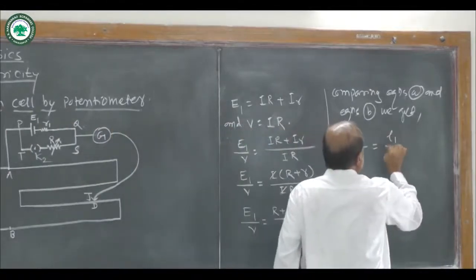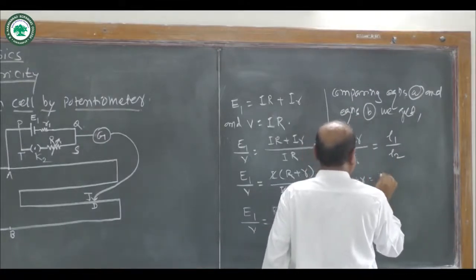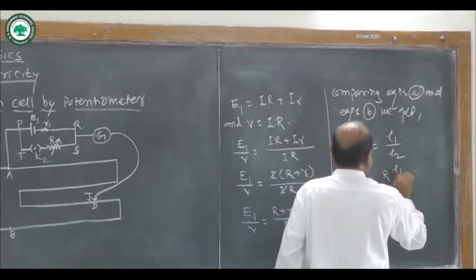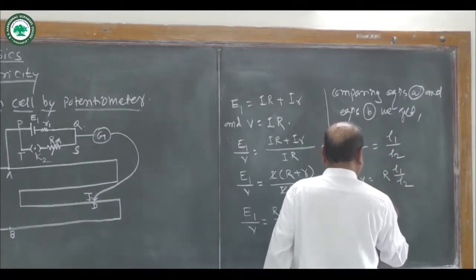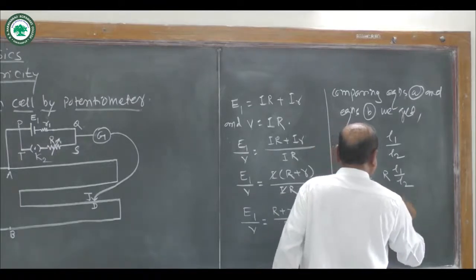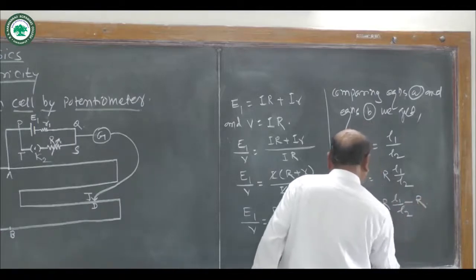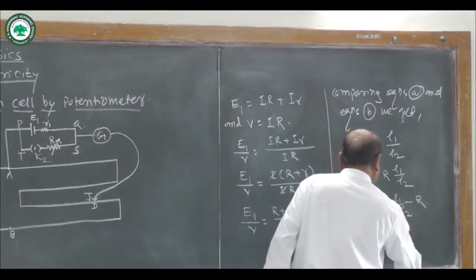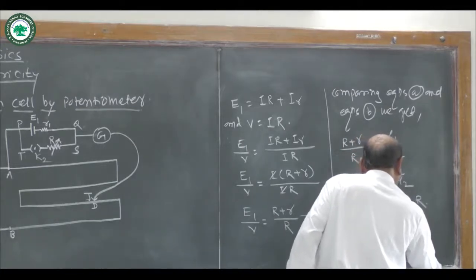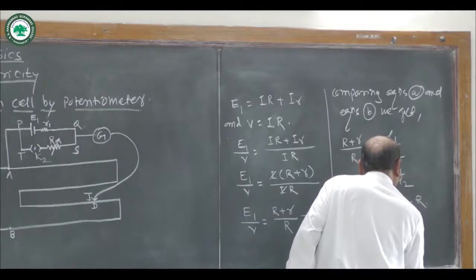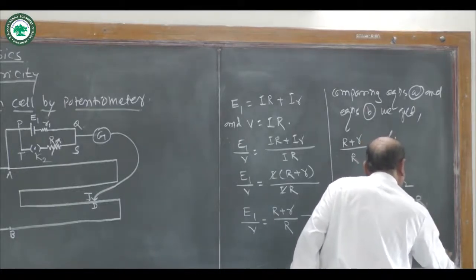Now R plus r is equal to R into L1 by L2, and now we have to calculate small r, which is equal to R L1 by L2 minus R. And this r is equal to R into L1 by L2 minus 1.